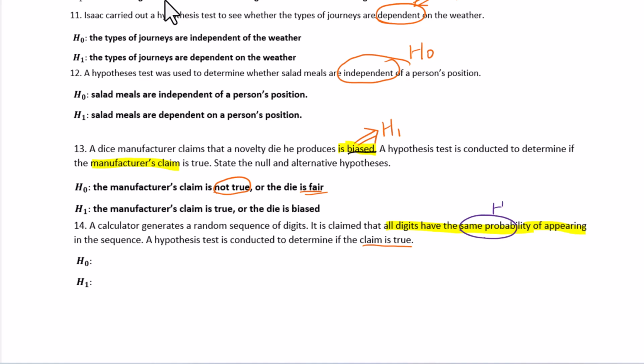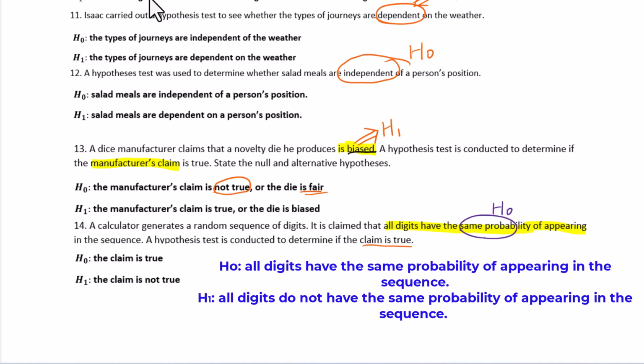This is H0. In other words, H0 will be the claim is true. H1 is the claim is not true. Or for H0, you could say all digits have the same probability of appearing in the sequence. H1 will be all digits do not have the same probability of appearing in the sequence.